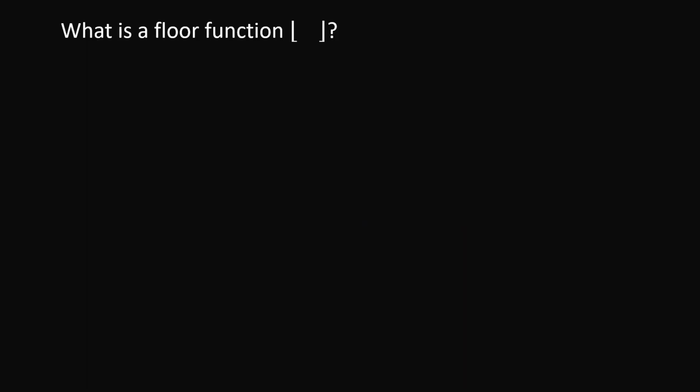So first, I think it'll be helpful to discuss what a floor function is. A floor function is a function that extracts the floor of a number. For example, if you have the number 1.5, the floor of that number is 1, as opposed to rounding, which would give us 2.